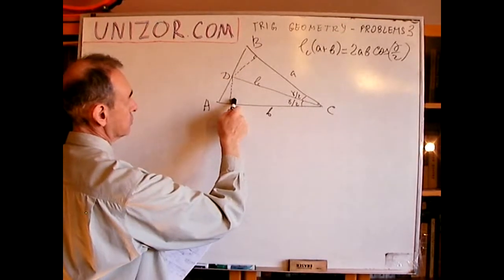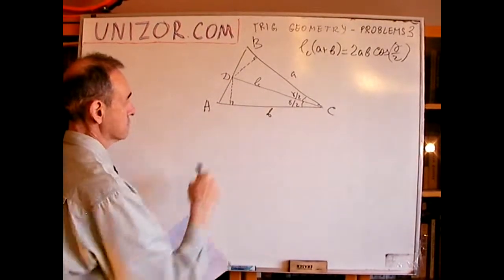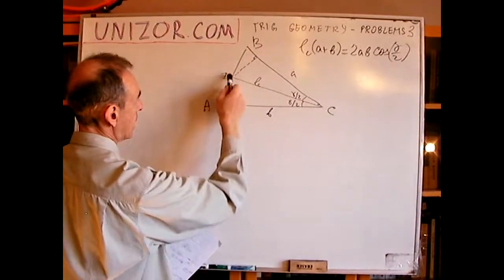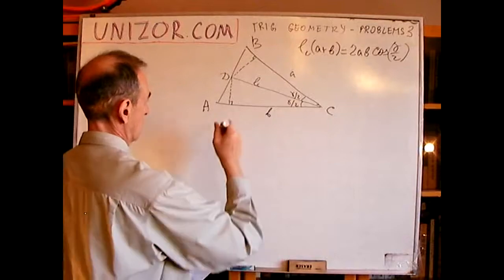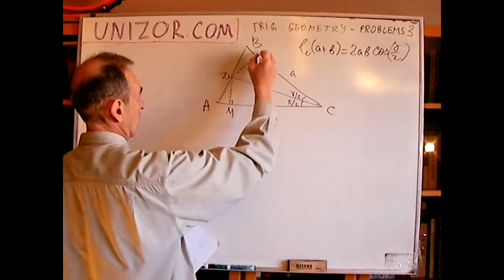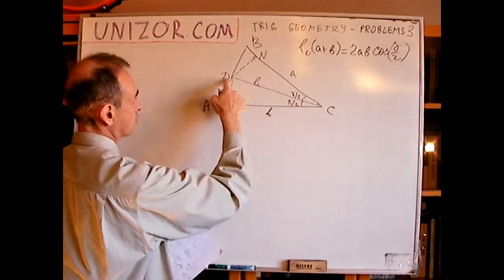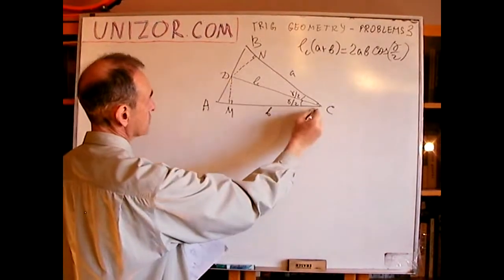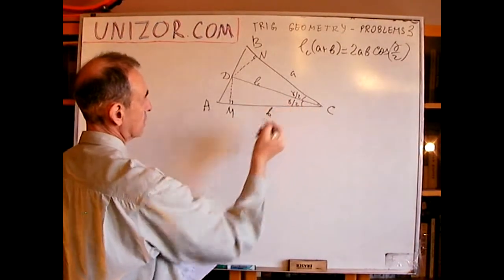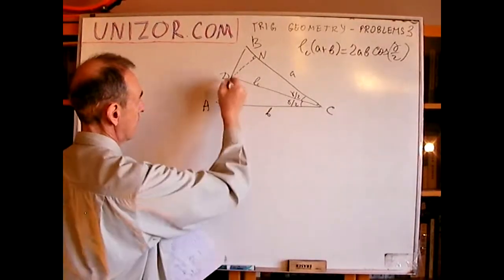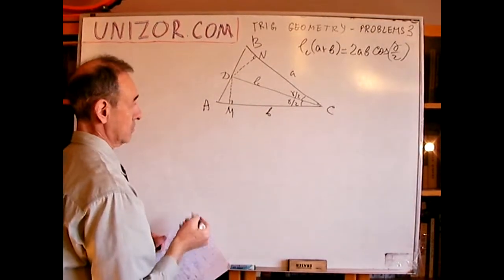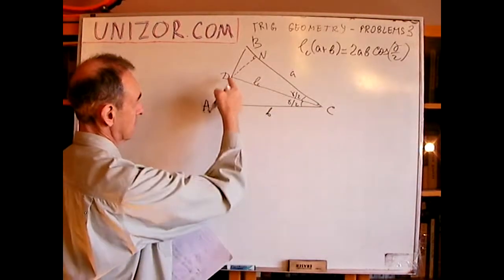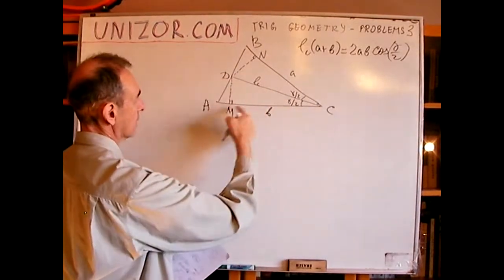Now, what is the area of ADC in terms of the base and an altitude? Well, the base is B. Altitude from this triangle DCM, it's a right triangle. Hypotenuse is LC. The acute angle is gamma over 2. So I know DM, the altitude, it's a leg in the right triangle DMC.